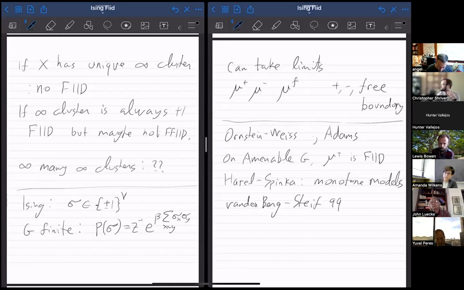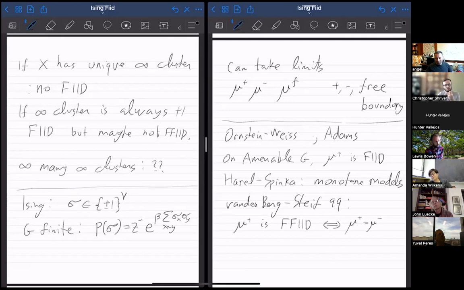There's a result in '99 that mu plus, again in the amenable case, is a finitary factor of IID if and only if you have uniqueness, if and only if mu plus is equal to mu minus. So in particular, if you have a high beta, then it is no longer a finitary factor of IID.